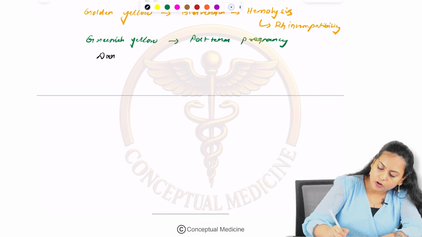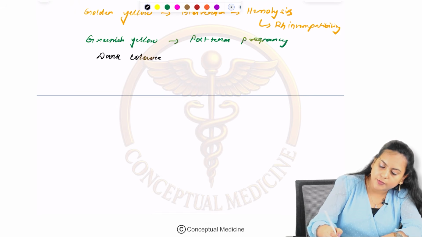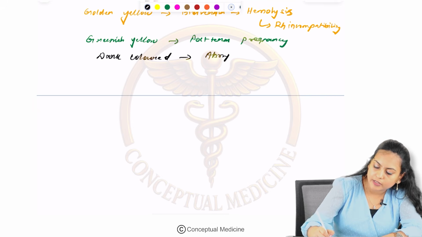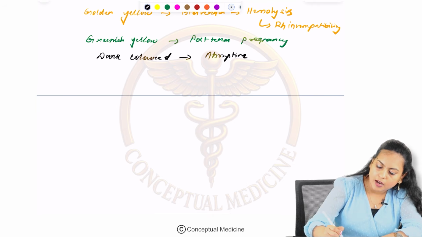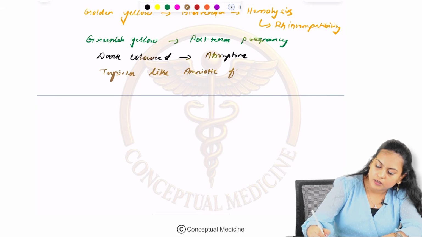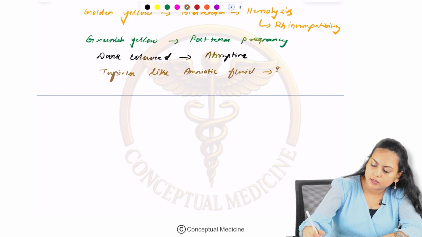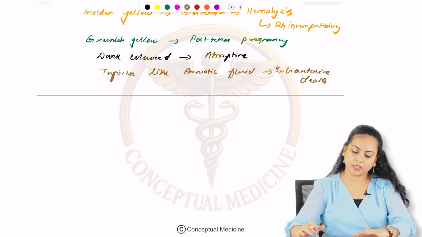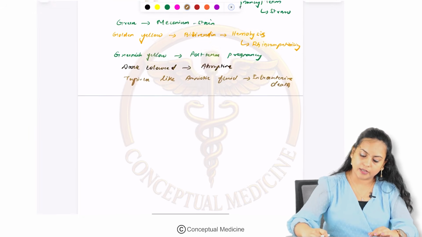There can be dark colored amniotic fluid, which is basically due to any bleeding that is happening, for example, if there is a chronic abruption. And tapioca color amniotic fluid is seen in intrauterine death. Okay. So, this is about the color.